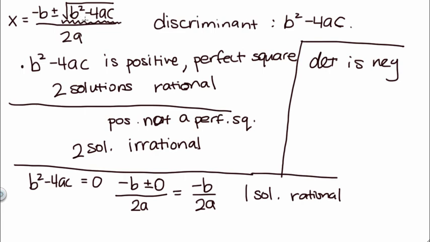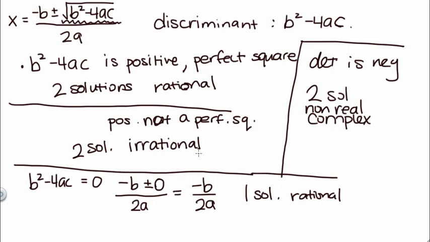So that means it's a complex solution. You still have two solutions, but it'll be non-real complex. So non-real complex solution because you have a negative under the square root sign.